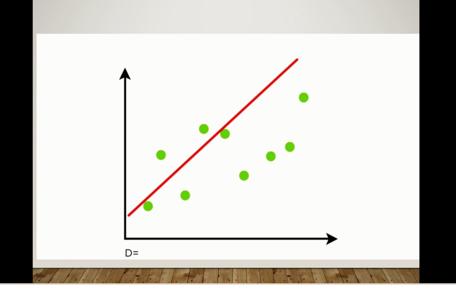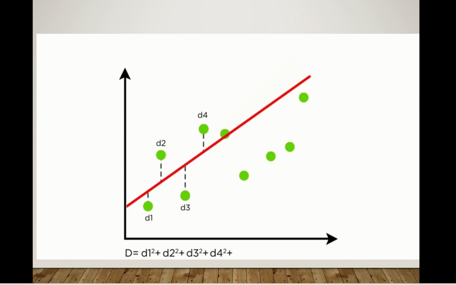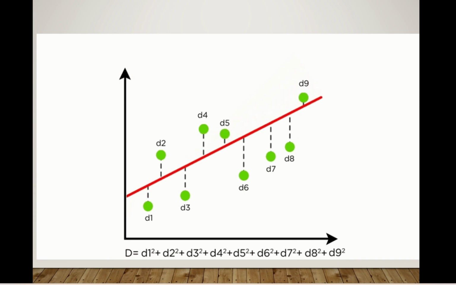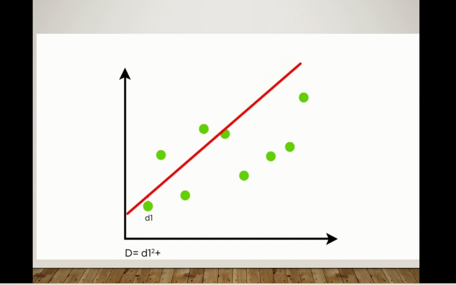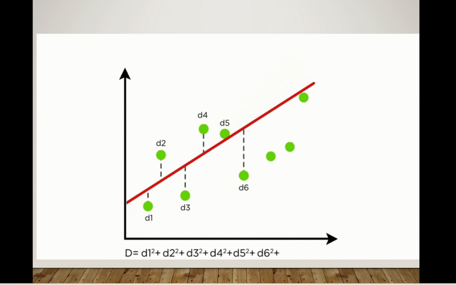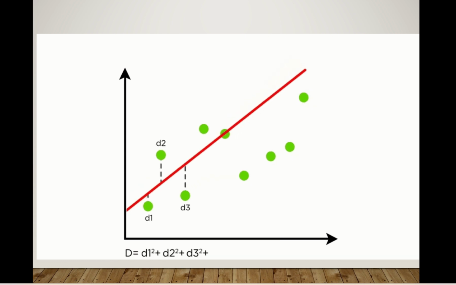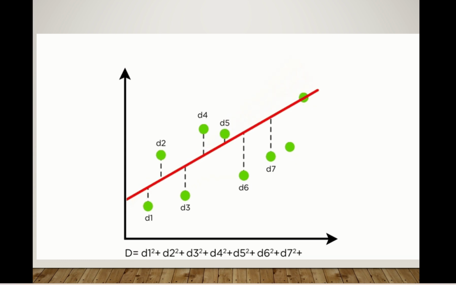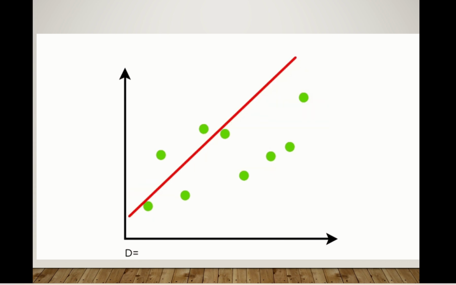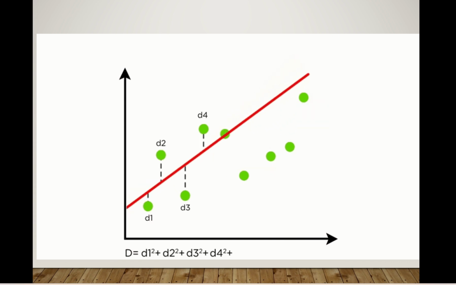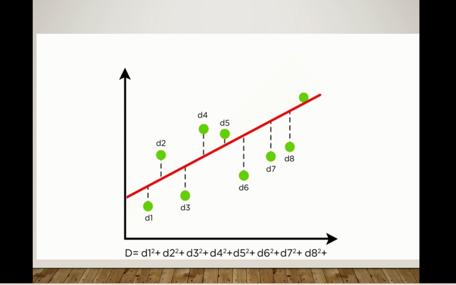So you can imagine the green data points right here, that's our observations. The regression line tries to minimize the total distance between all those points and where the line is. And of course, it squares all those distances, so we're dealing with all positive values. So negative values don't cancel out positive values.